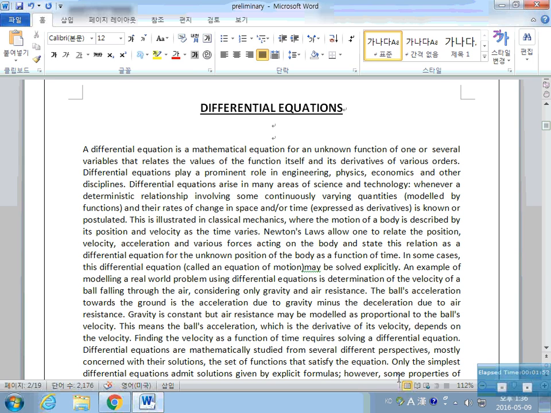So we have to model the velocity of the ball in terms of the resistance of the air, and then when we take the derivative of the velocity, we get the acceleration. To find the net acceleration, we take the difference between the acceleration due to gravity and the acceleration we got from the derivative of the velocity of the ball.